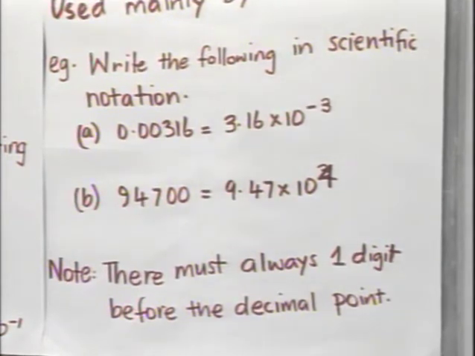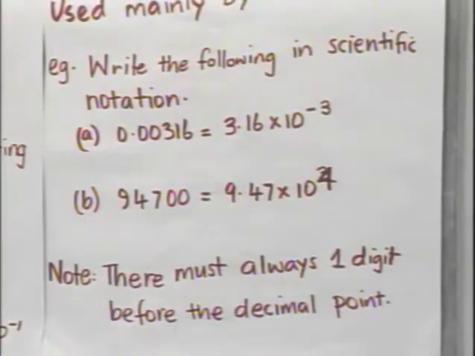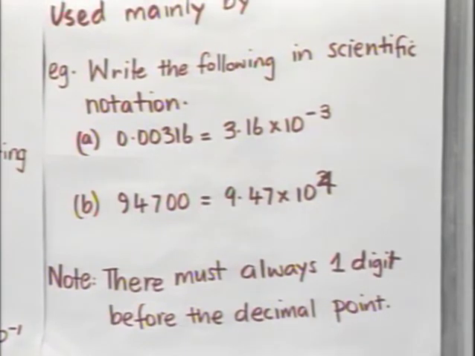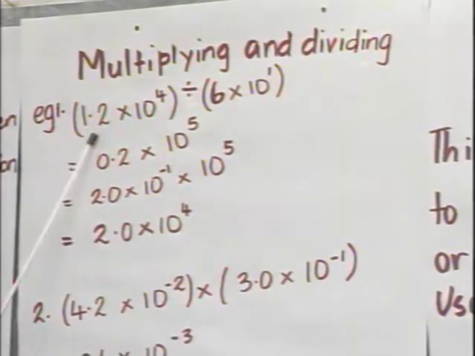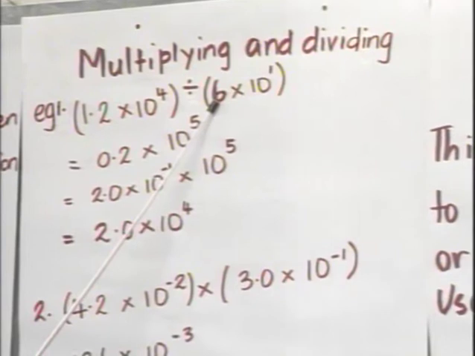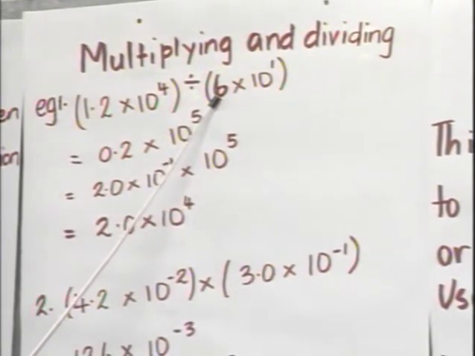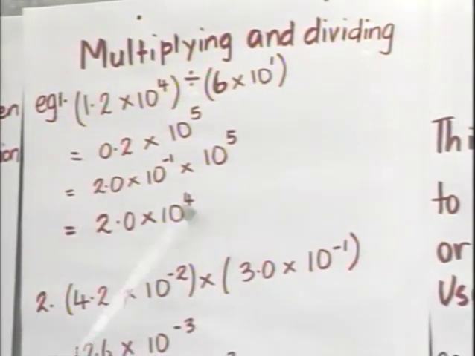Okay, multiplying and dividing numbers in scientific notation. I've got 1.2 times 10 to the power of 4 divided by 6 times 10 to the power of 1. What you do is you divide the numbers first. So 1.2 divided by 6, which is 0.2. And note I've got a mistake here too.